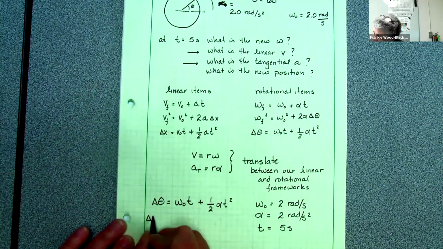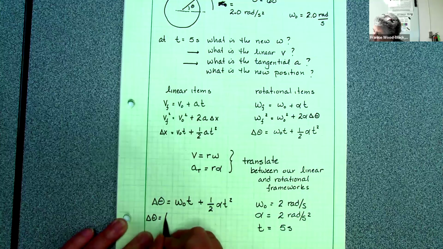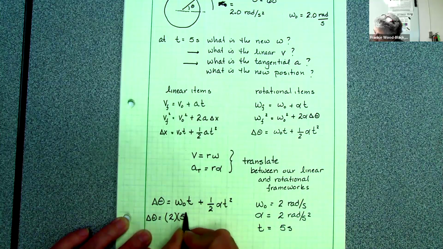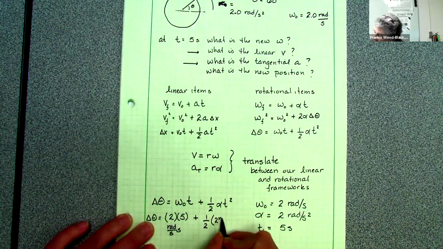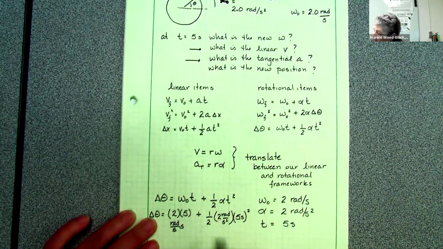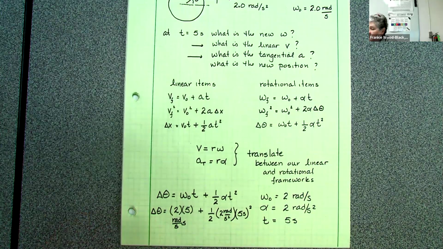So my change in angle is going to equal 2 times 5, and this is radians per second times seconds, so I'm going to end up in radians. And I've got 1/2 times 2 radians per second squared times my 5 seconds squared, so I'm also going to end up in radians. Everything is going to be in radians.